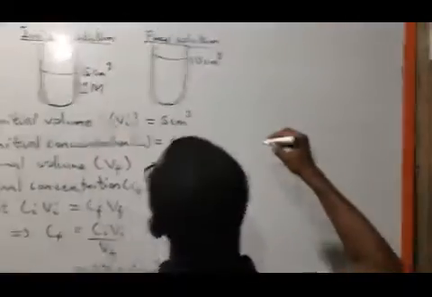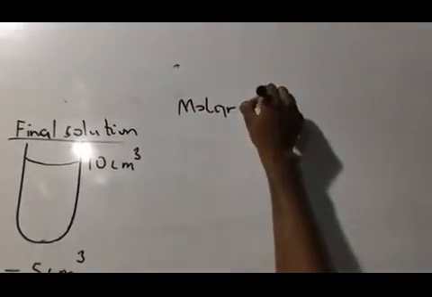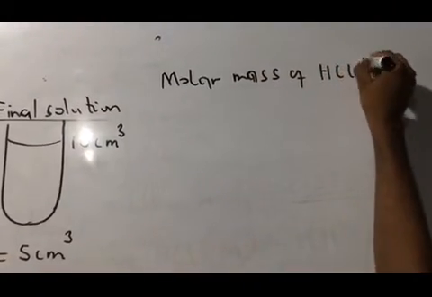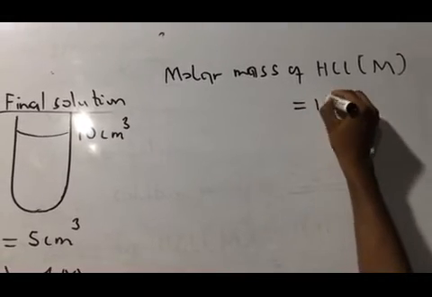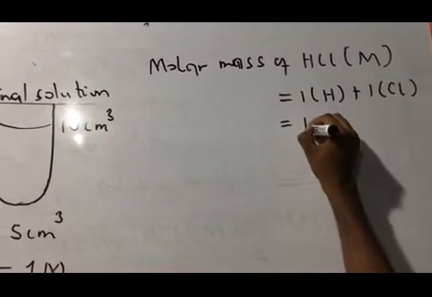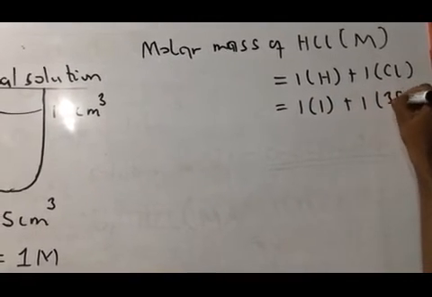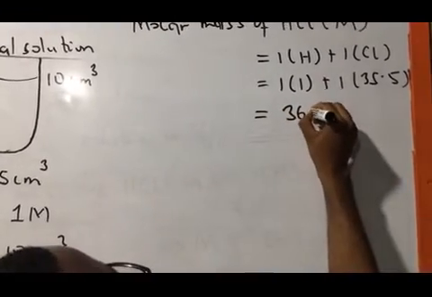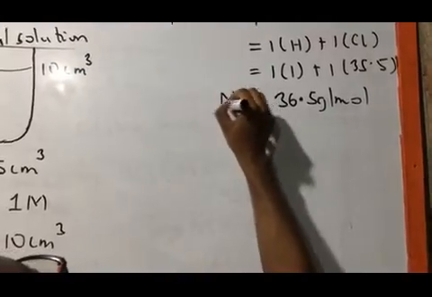So molar mass of HCl, we have 1 hydrogen and then 1 Cl. Hydrogen is giving us 1. The chlorine, the value is also giving us 35.5. So that'll give you 36.5 gram per mole. So that's the molar mass.